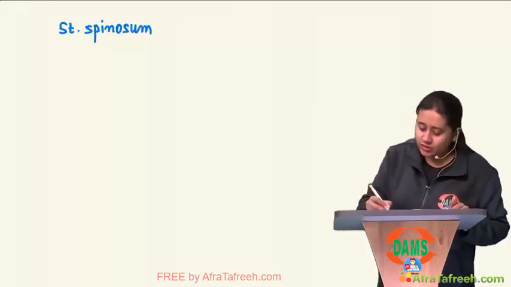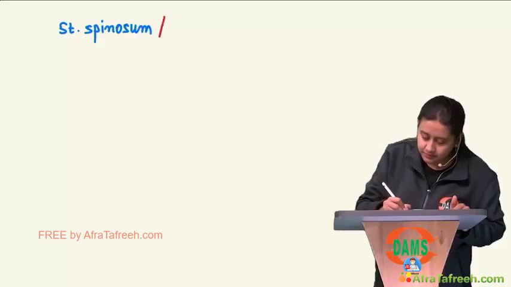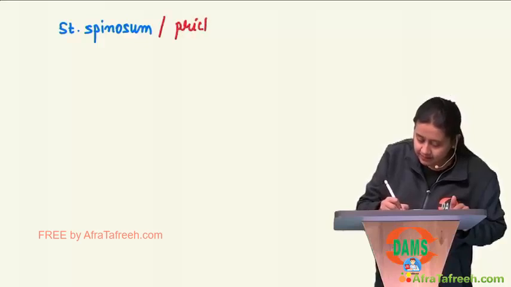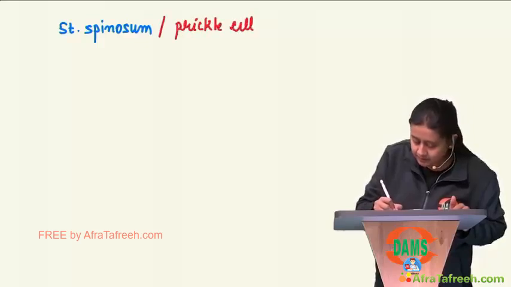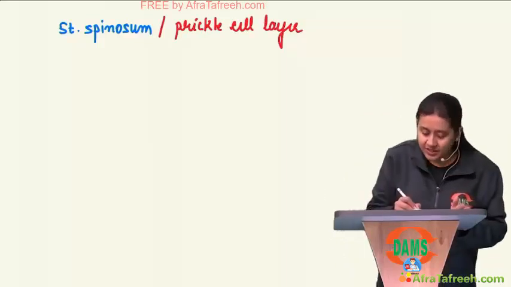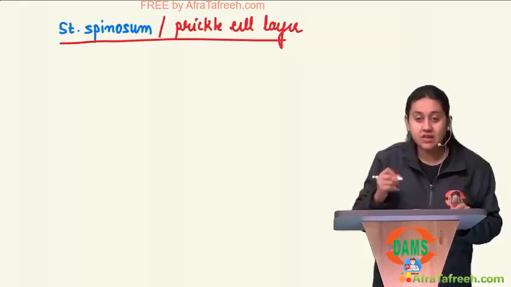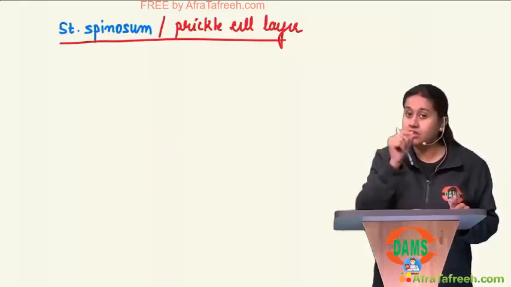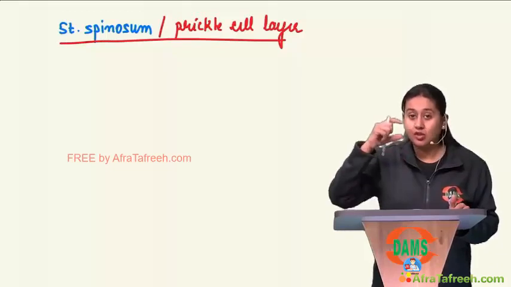Now stratum spinosum is also known as the prickle cell layer. Now the question is, why is it known as the prickle cell layer? Please remember, my students, we have discussed that in stratum basale the cells are tall columnar.